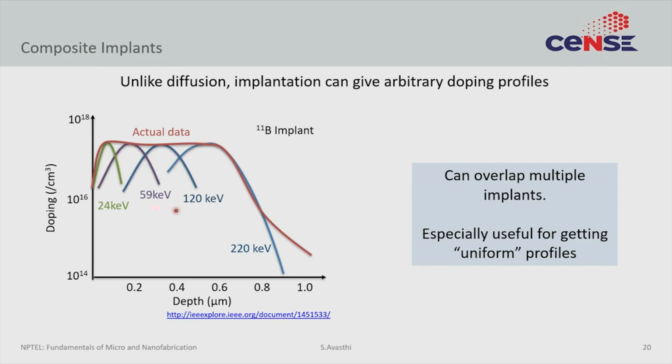What you will finally see is this red curve, which is just a sum of all these individual component implantations. After this, you do the anneal step for dopant activation. What you have achieved is a very uniform profile at the surface. Such uniform profiles are very hard to make through diffusion, but are possible with ion implantation, and that is one of its great advantages.